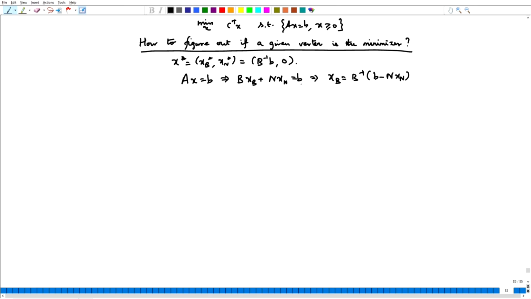Okay. So, you bring the Nxn to the other side and pre-multiply by B inverse on both sides. B is invertible, please remember that. Okay. So, this is actually B inverse b minus B inverse Nxn, right.